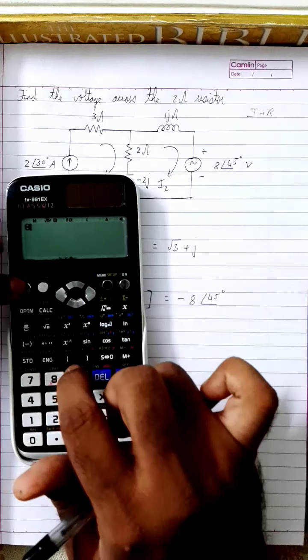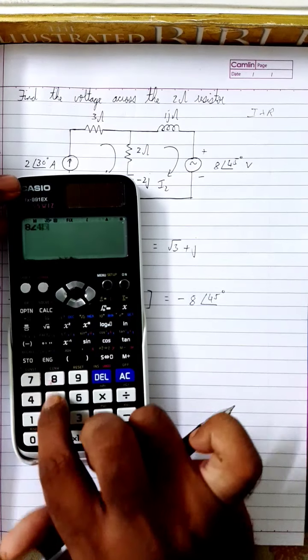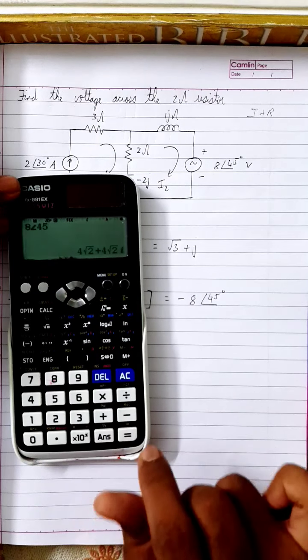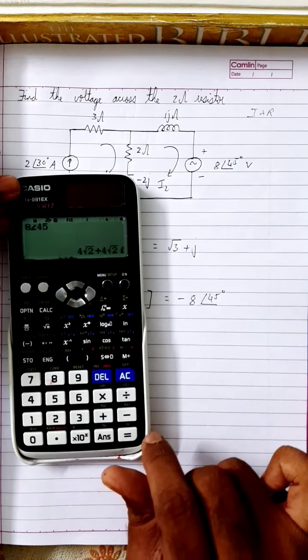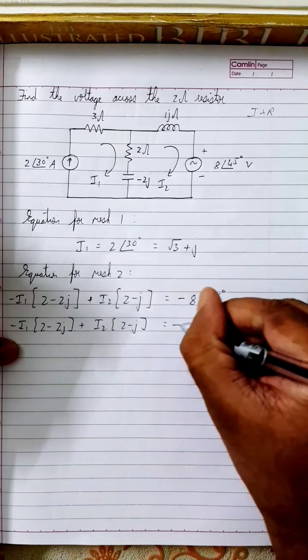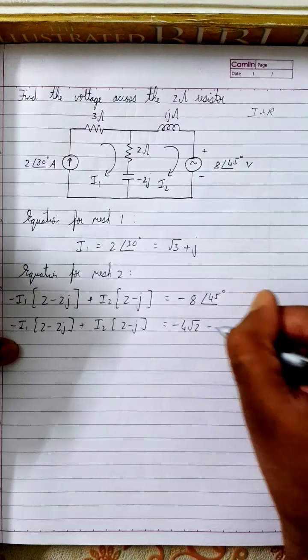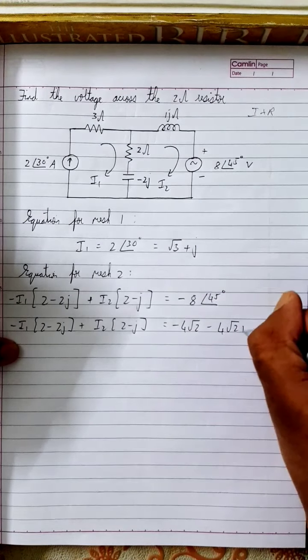So what is 8 angle 45? 8 angle 45 is 4 root 2 plus 4 root 2 j. So this is nothing but minus I1 into (2 minus 2j) plus I2 into (2 minus j) is equal to minus 4 root 2 minus 4 root 2 j.